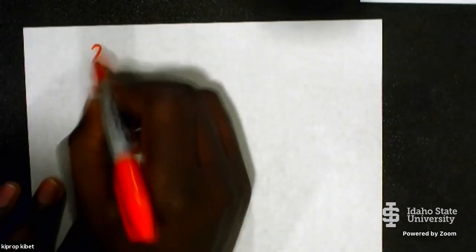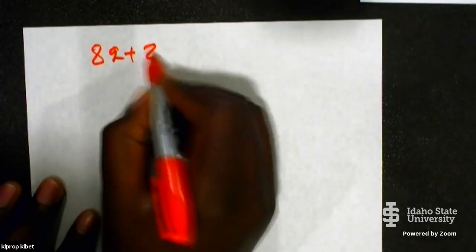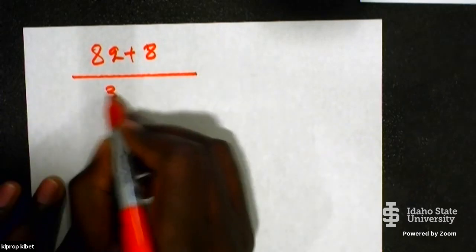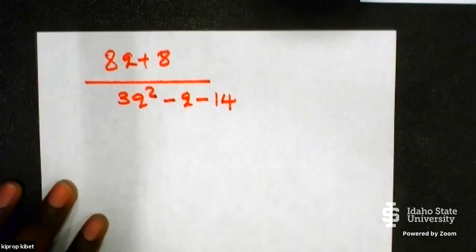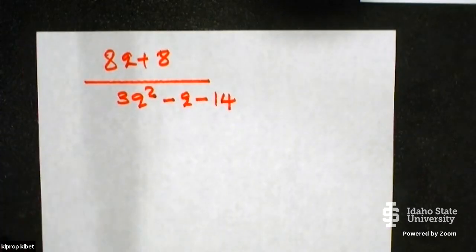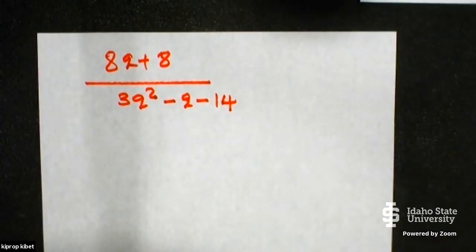Okay, another one. Determine the values for which the rational expression a plus a all over 3q squared minus q minus 14 is undefined.